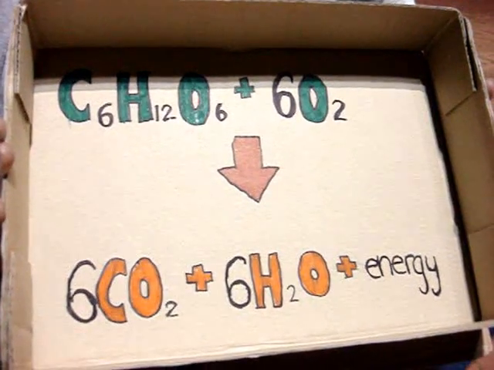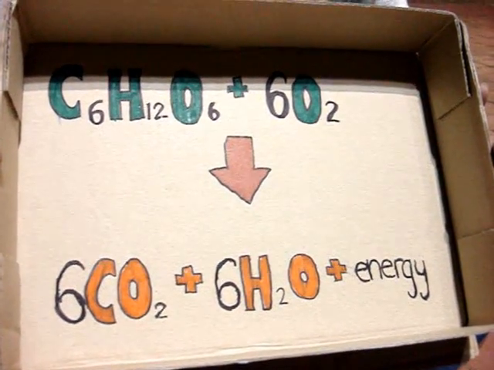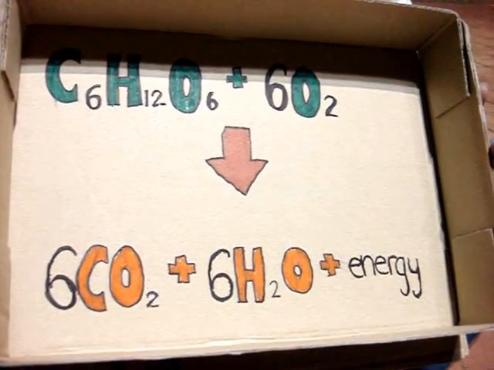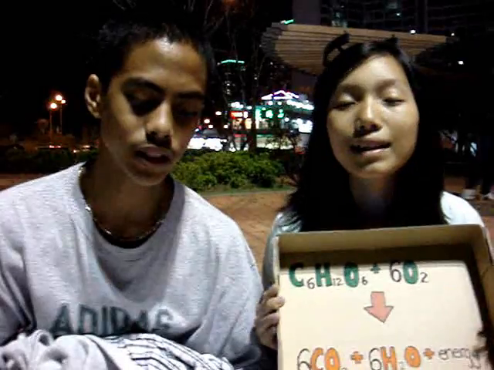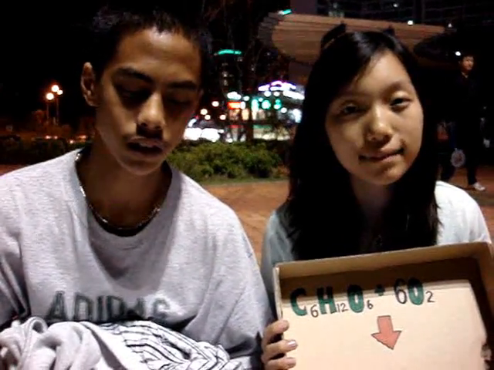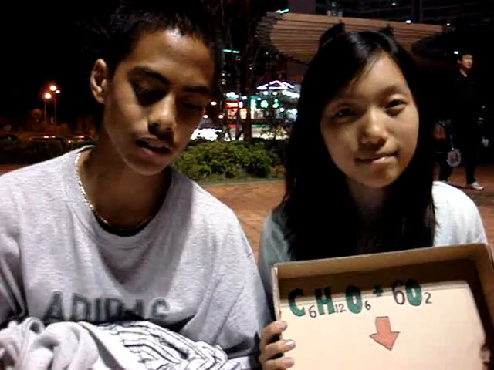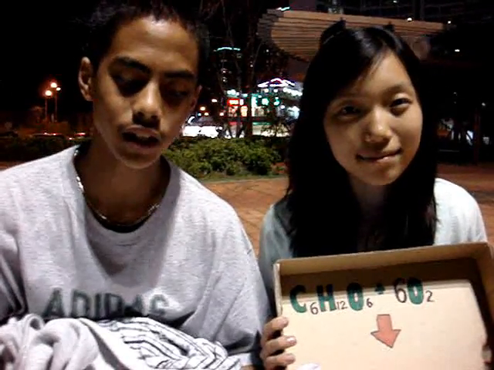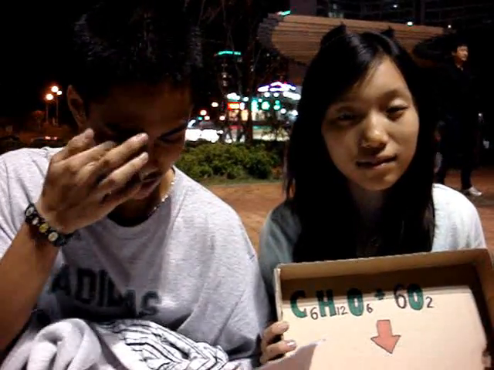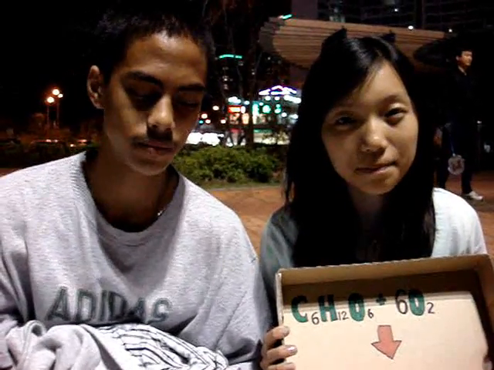The chemical formula for cellular respiration is C6H12O6 plus O2, which react to form CO2, H2O, and energy. C6H12O6 is a type of sugar called glucose, and this mixes with oxygen, which produces carbon dioxide, CO2, water, H2O, and energy, which is usually in ATP.